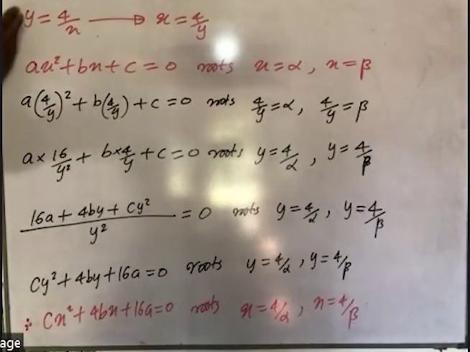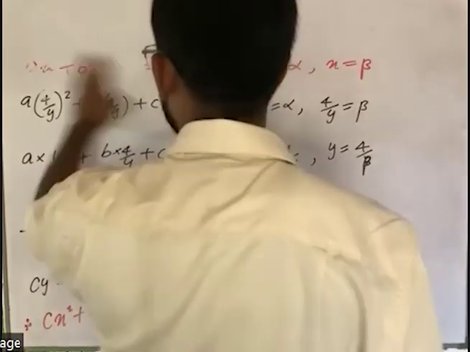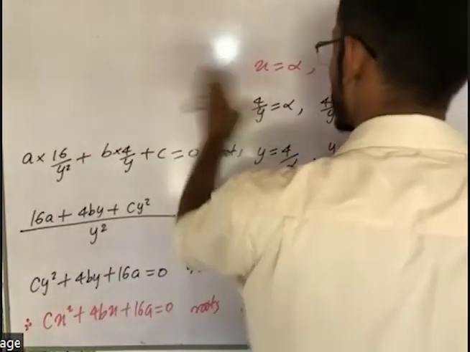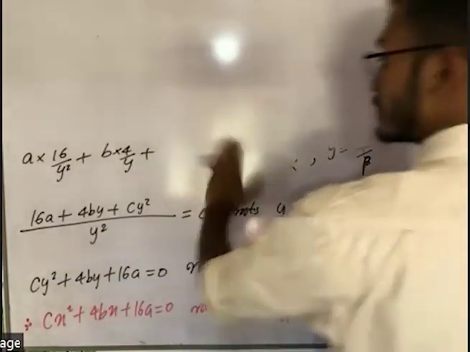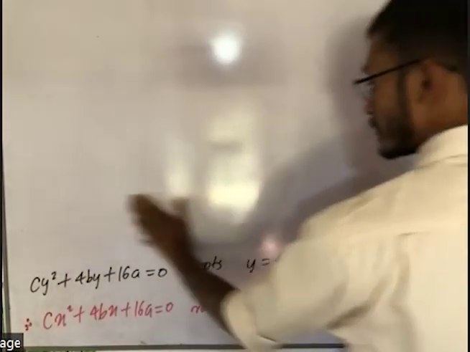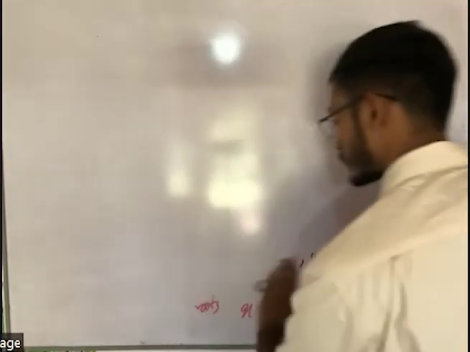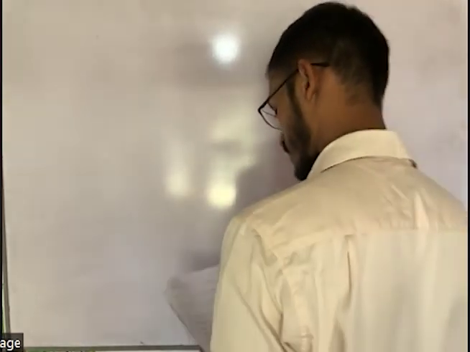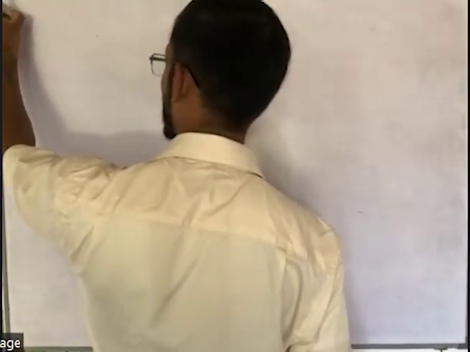Right. Next question, number 5. Fifth question. Write down this question. This question is a little different from the previous ones.